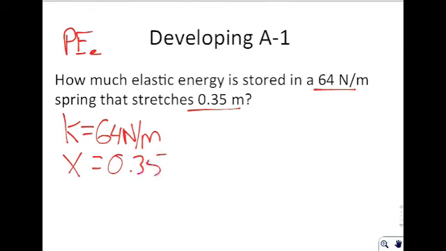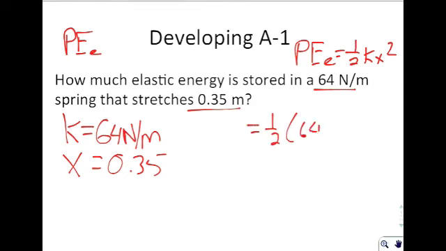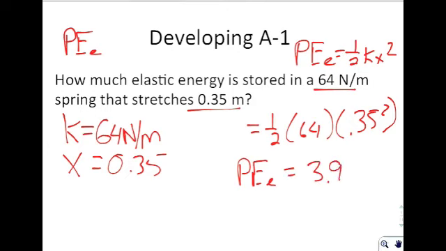Whenever you take these things, you can put them in the equation. Potential energy elastic is equal to 1/2 kx squared. So whenever you plug this in, you end up getting 1/2 of 64 times 0.35 squared. Now only the 0.35 is squared, not the whole thing. When you put this in, you end up getting an elastic potential energy of about 3.98 joules.